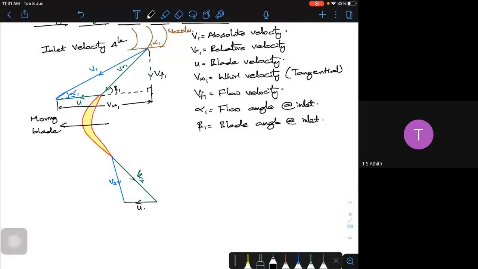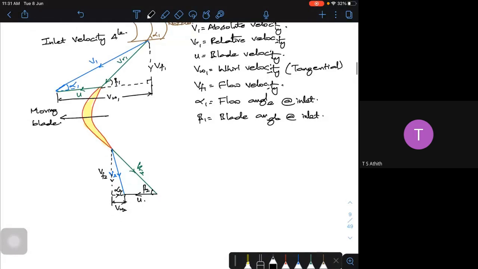So I close the triangle by drawing the components: this is the direction, this will be your VW2, and this will be your VF2, and your alpha 2 and your beta 2.